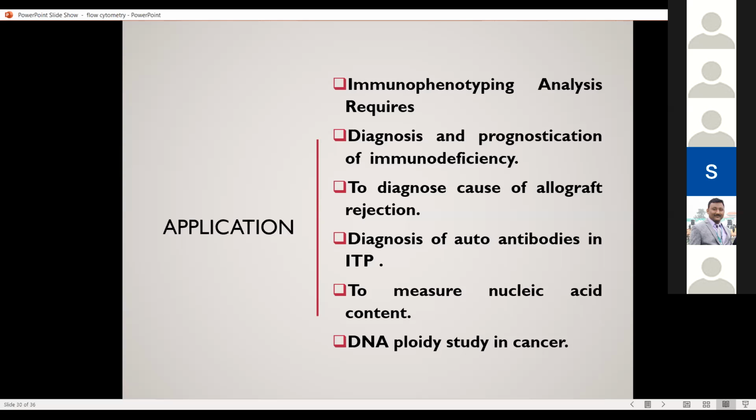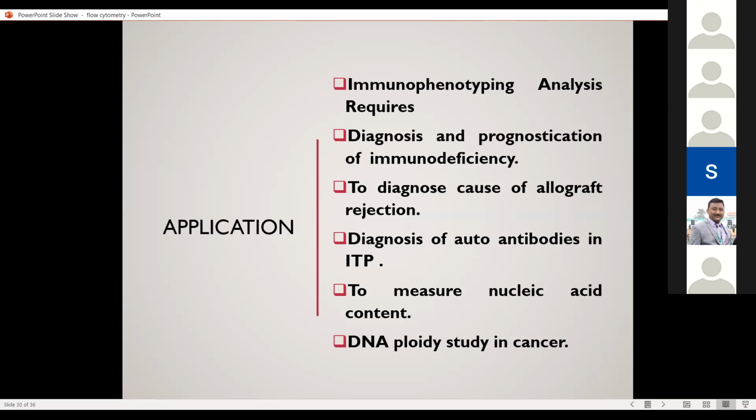Another is autoimmune disease, which we all know about. We can diagnose autoimmune disease on the basis of flow cytometry. We can also measure nucleic acid content present in particular cells, and the status of DNA ploidy. As we all know, cancer is a major disease the world is facing nowadays, and a major factor for cancer to occur is DNA ploidy.